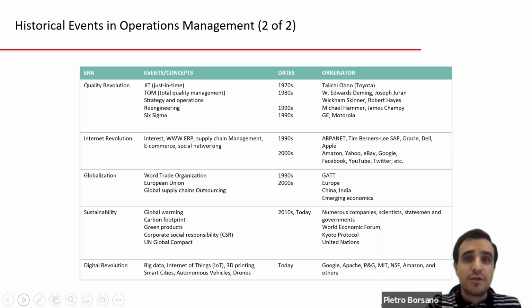So it's important to consider that an additional objective that operations are now tasked with is resilience, the ability to adapt and bounce back whenever there is a crisis, which relates to sustainability, the digital revolution, and so on.